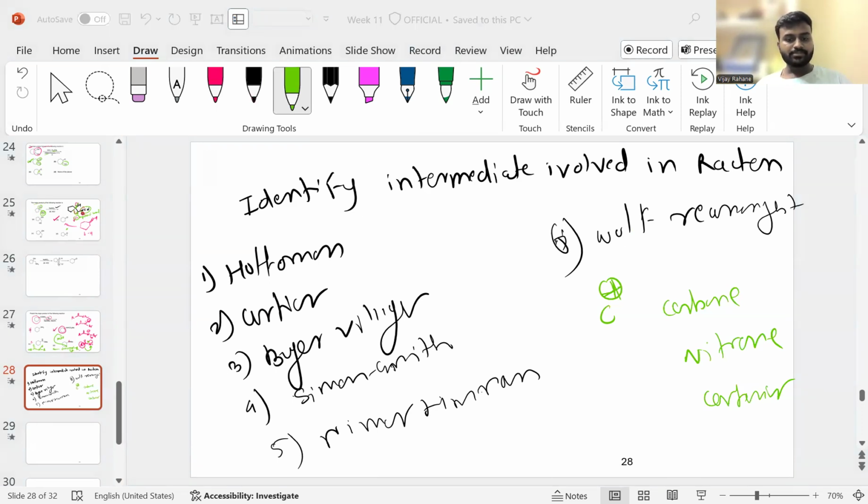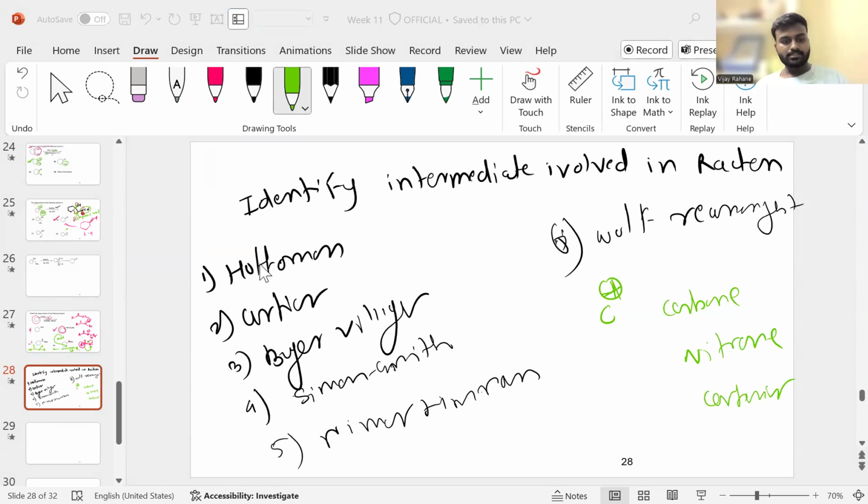This is again based on the alpha beta unsaturated carbonyl.